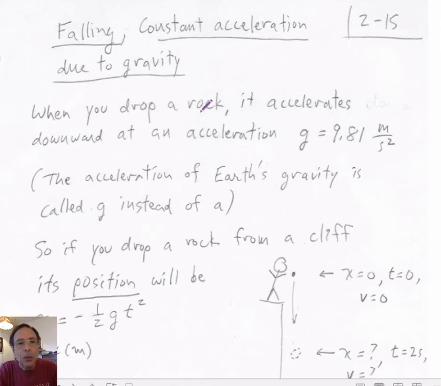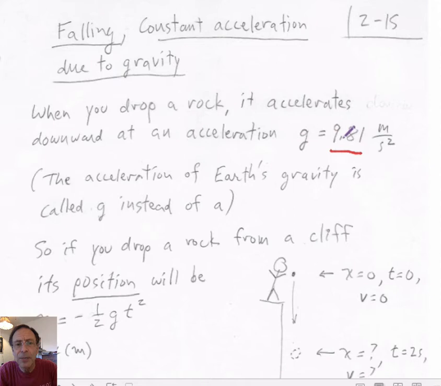Okay, so if I drop a rock, it will accelerate, and it will go downward faster and faster, and this will be an acceleration. It'll be 9.81 meters per second, which we write meters per second squared, in the downward direction.